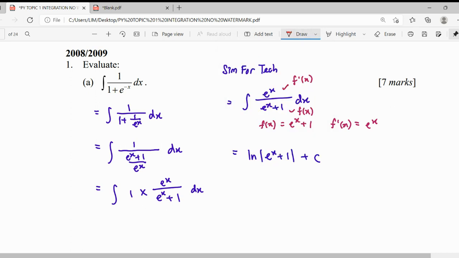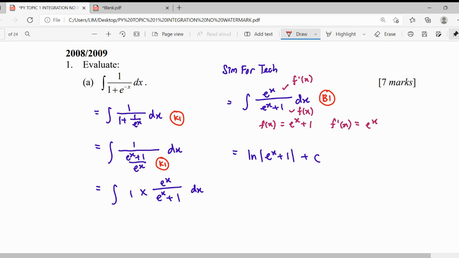So how to get these 7 marks? Of course, the first part is to simplify our questions. Then we get the same denominator, so this is another concept, until we get this form. This is our simplified form of our question. And then we try to use the formula.